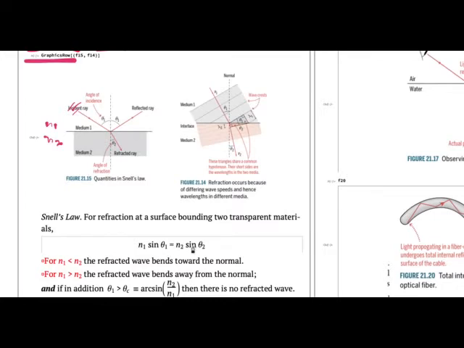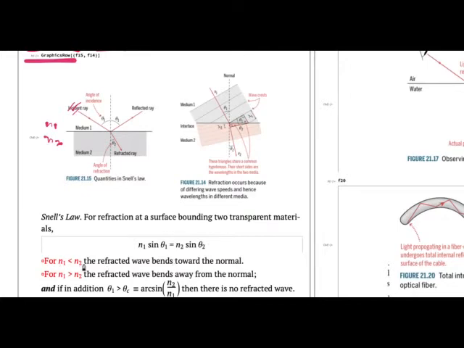That means theta 2 must be smaller than theta 1. In other words, it's like in this picture. The refracted ray is bent towards the normal because n2 is larger than n1. And the amount of bending is given by Snell's law: n1 sine theta 1 is n2 sine theta 2.